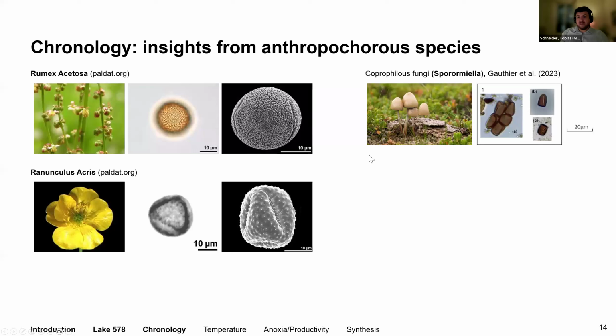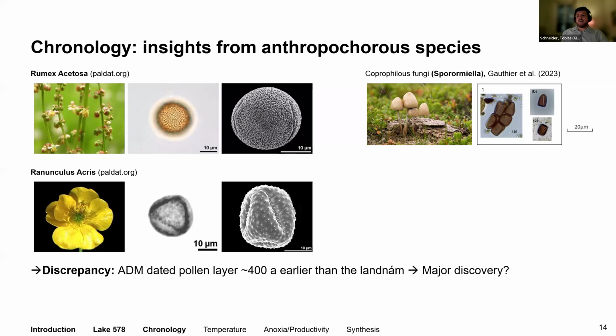And so we found a clear onset layer of these in the sediment. However, there was a slight discrepancy, because in the originally published age model, projected to the 2019 core, this pollen layer fell roughly 400 years earlier. So instead of 985 or 990 when the Norse arrived, it dated to roughly 600 CE.